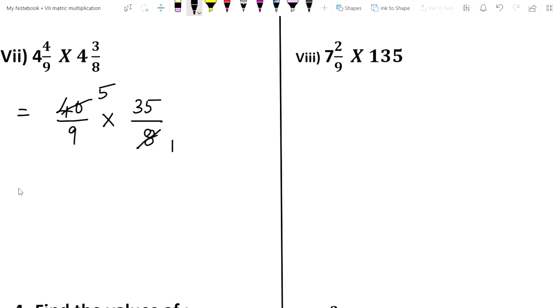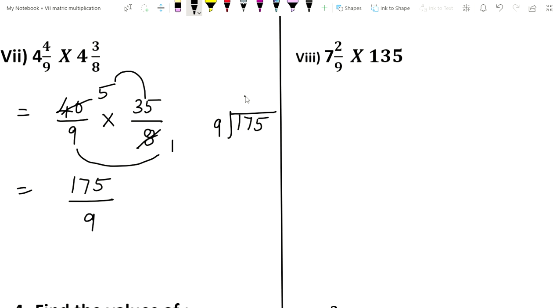So now you multiply the numerators. After that, you multiply the denominators. 5 into 35, 5 fives are 25, 5 remaining 2, 5 threes are 15, 15 plus 2, 17. So 175 divided by 9 into 1, 9. Now you convert into mixed fractions. 175 divided by 9. 1 nine is 9. Here 7 minus 9 we can't subtract, so 17 minus 9 we get 8.